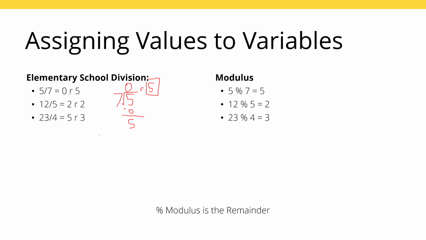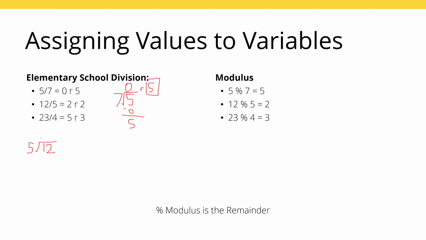Let's do another example. So again, we're back in elementary school. 12 divided by 5. Okay, so 12 mod 5. The way you talk to yourself is, what is the remainder if 12 is divided by 5? So 12 divided by 5. Well, I'm going to do this step by step. I know you can just say, oh, 5 doesn't go into 1 at all, so I go 5 into 12.